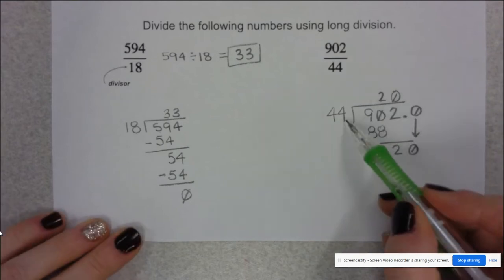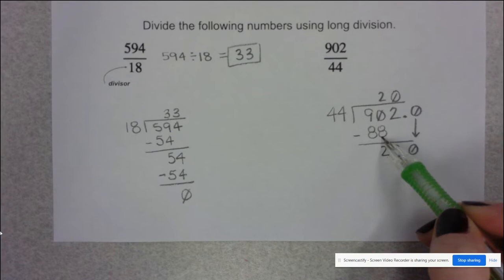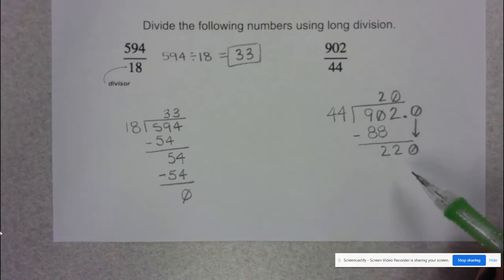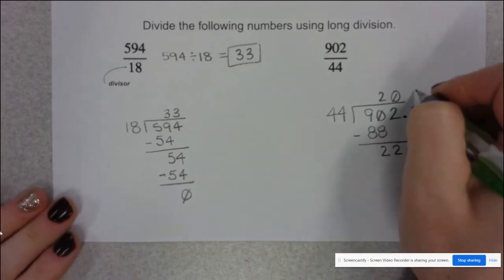So 2 44s gave me 88. 3 44s gives me 132. 4 44s gives me 176. 5 44s gives me 220.